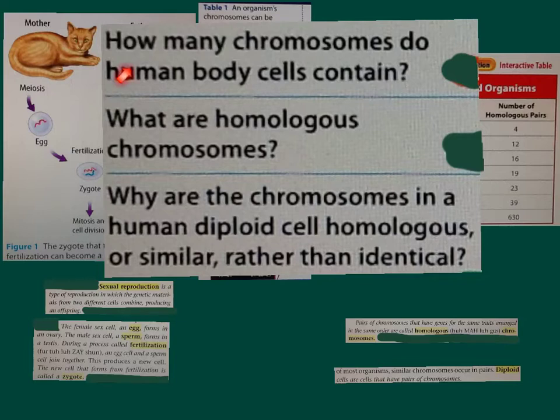How many chromosomes do human body cells contain? The next one, what are homologous chromosomes? And the third one here, why are the chromosomes in a human diploid cell homologous or similar rather than identical? Okay, one of those 3, writing the question and your answer down in your science journal, please.